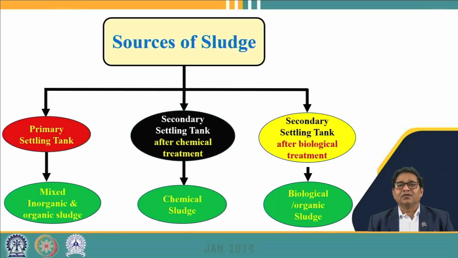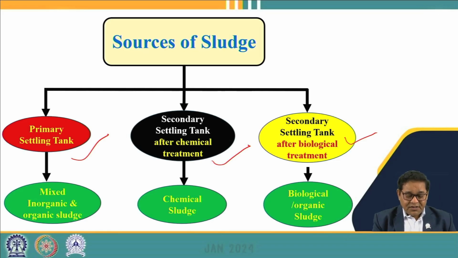Let us describe the sources of sludge. There are different types of sludge: sludge generated from the primary settling tank, sludge from the settling tank after chemical treatment, and sludge from the secondary settling tank designed after the biological treatment system to settle out the biomass. From primary settling tanks, we have a mixed type of sludge, mostly inorganic in nature, but it may also contain some organic fraction.